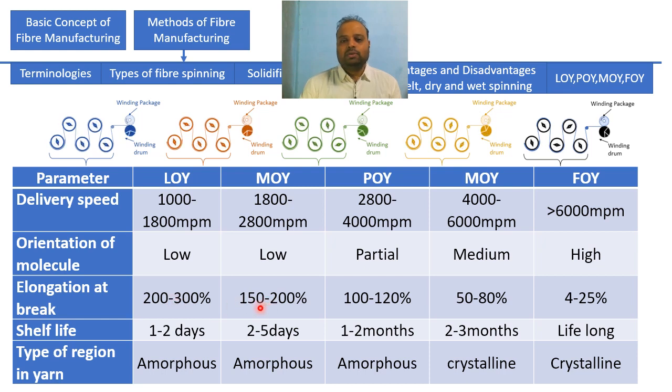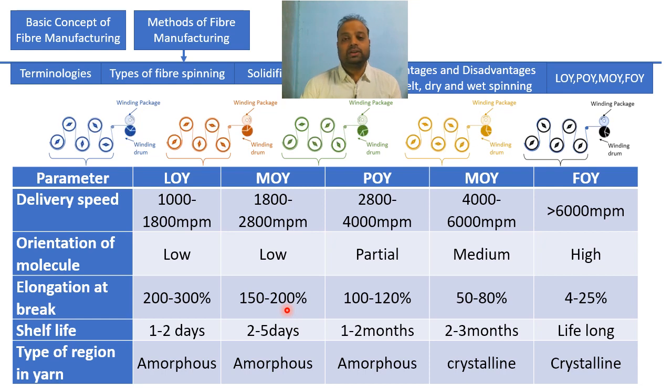In case of MOY, the yarn can be stretched up to 150 to 200%, right? That is 2 times its original length. That means if you have 1 centimeter of yarn, you can stretch it up to 2 centimeters, right? So it is twice its original length.